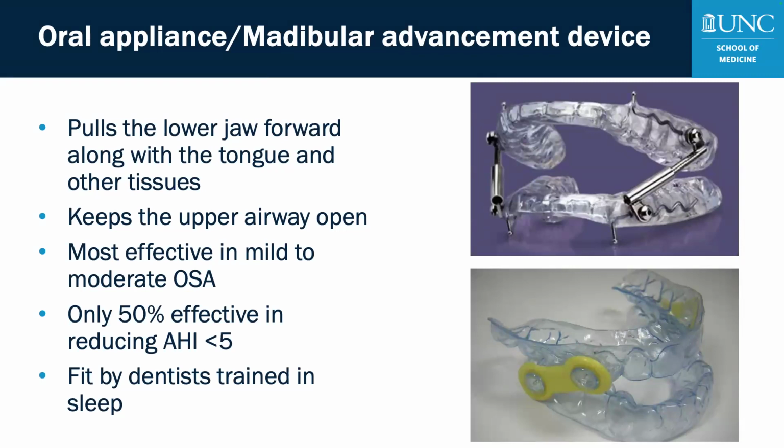And so it's trying to pull those tissues along with it to keep the upper airway open. It is best for mild to moderate sleep apnea. Severe, it's not going to do enough if it does anything at all. Overall, it's only 50% effective in reducing your apnea-hypopnea index to less than 5. So basically normalizing it, getting rid of your apnea completely.